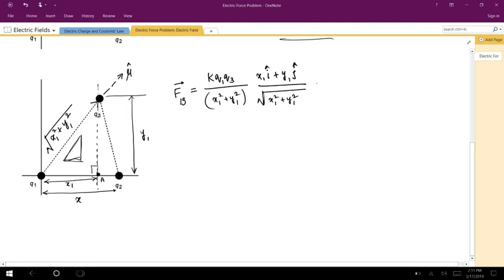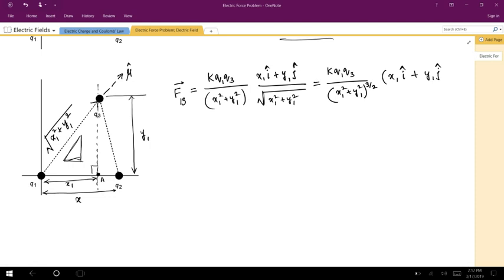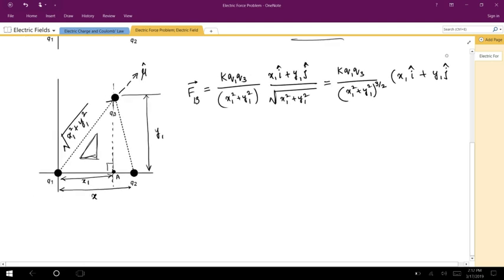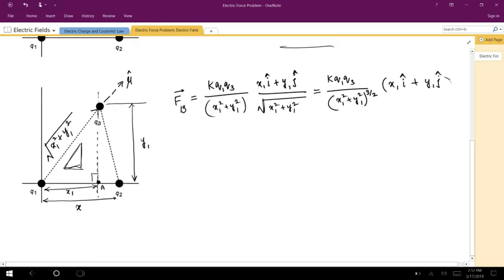We can also simplify this a little further, putting the x1 squared plus y1 squared together, so we get k q1 q3 divided by x1 squared plus y1 squared raised to the power 3/2, and the 3/2 is because we are adding the 1 to the 1/2, so 1 plus a half is 3/2, and then this is along x1 i hat plus y1 j hat. As simple as that. So we have just found F13.